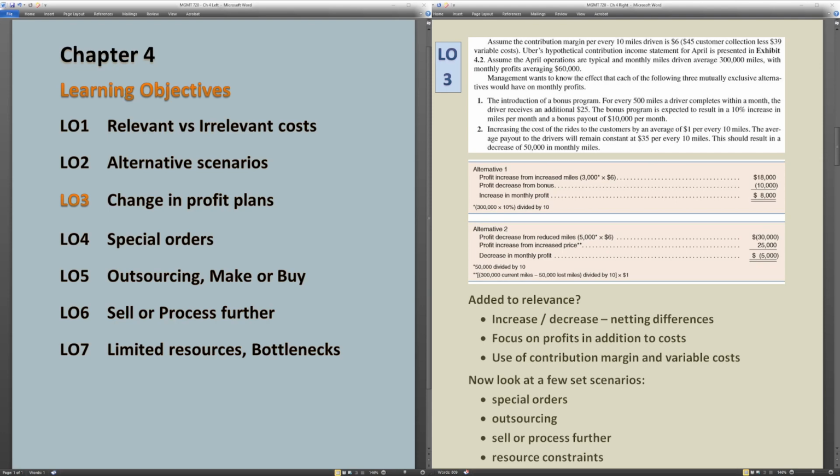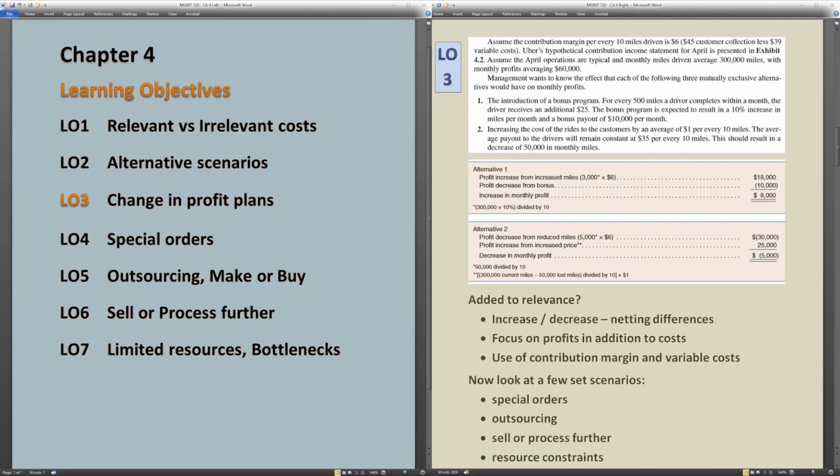And you notice we've also introduced the idea of contribution margin of variable costs. And that's what ties it to chapter 2 and 3. Because a lot of times when we're doing this differential analysis, we're talking in terms of contribution margin and variable costs.